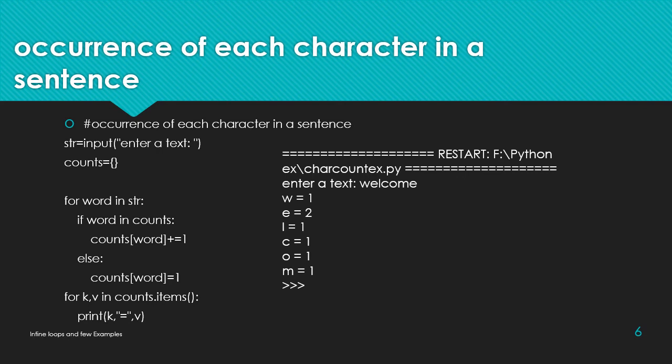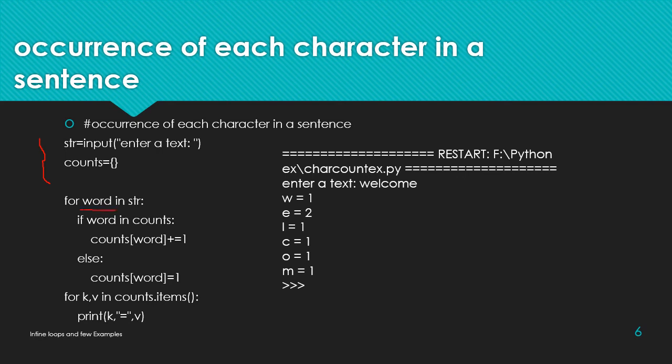That program is here. Here also the user is asked to enter a string. Now, counts, initially we don't know. So here I am creating a blank or empty dictionary. Counts is empty.